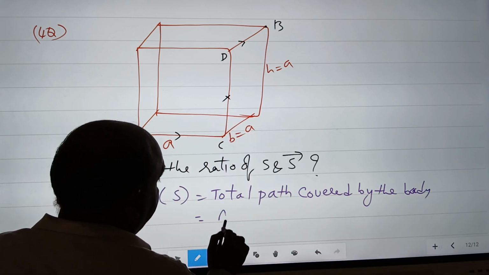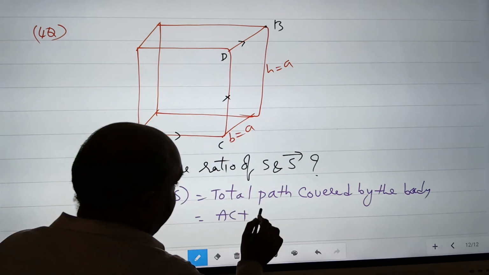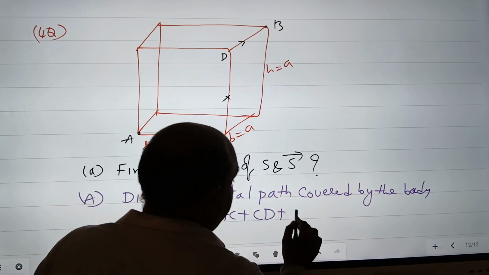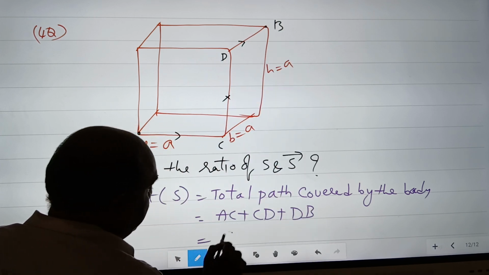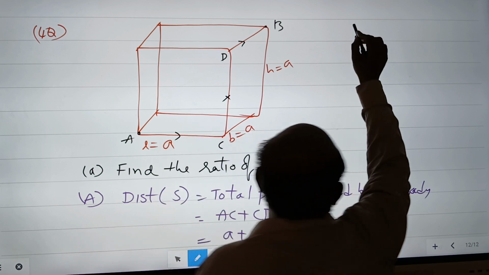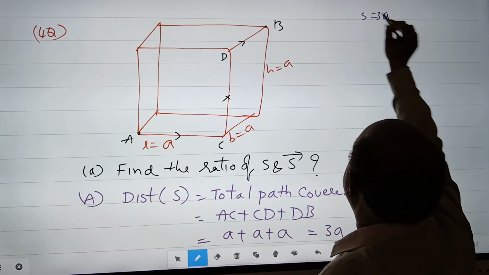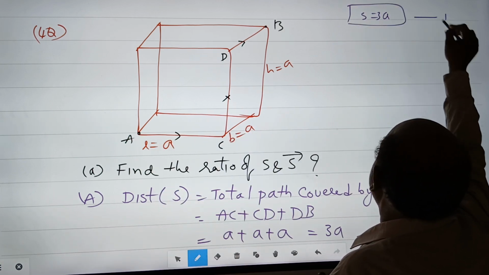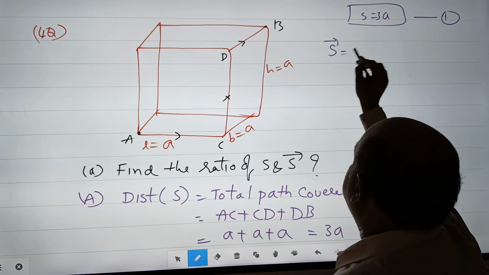A to C, AC, plus C to D, CD, plus D to B, DB. All sides of the cube are the same: A plus A plus A, which is equal to 3A. Now we got distance equal to 3A. Equation 1 is done. Now we want displacement.